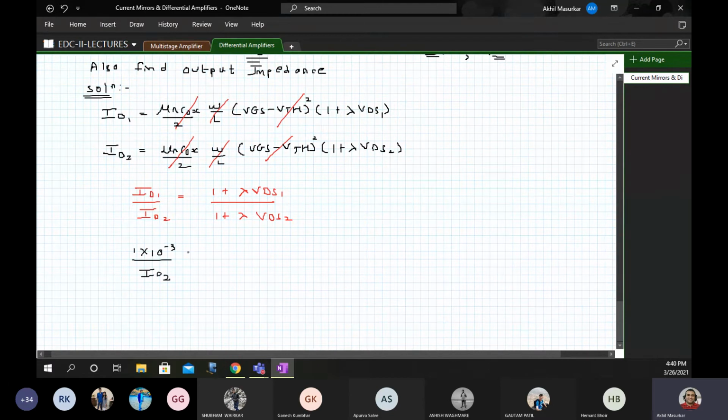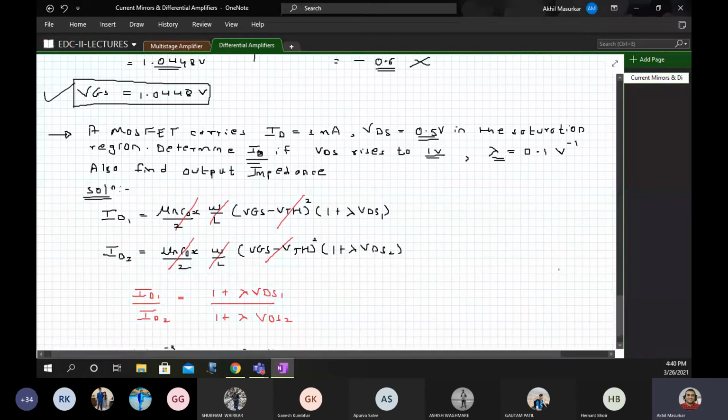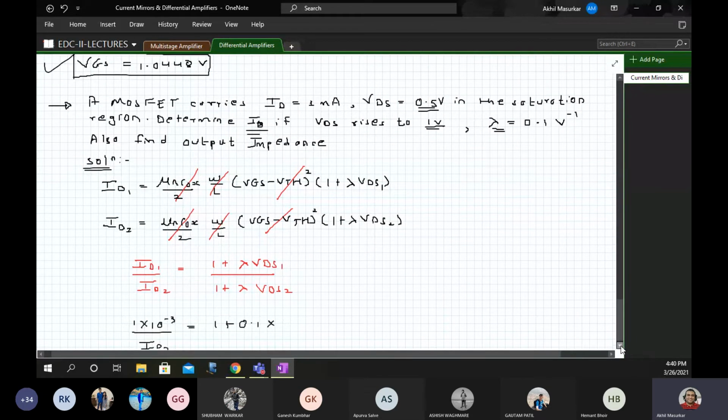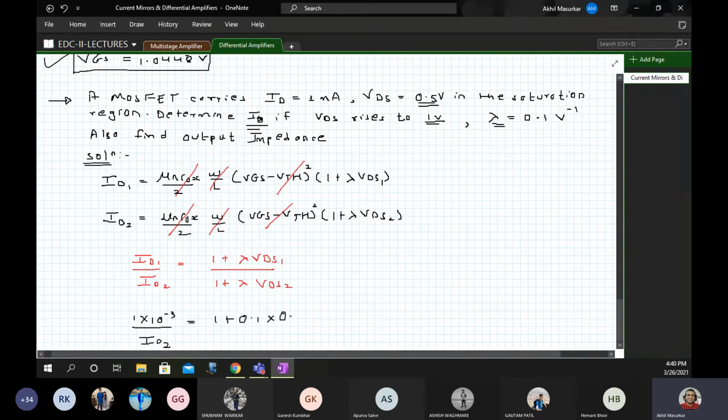ID2 we have to calculate, equal to 1 plus 0.1 into, initially my VDS is 0.5, so here this is 0.5, upon 1 plus 0.1 into 1. It is written it rises to, not rises by.